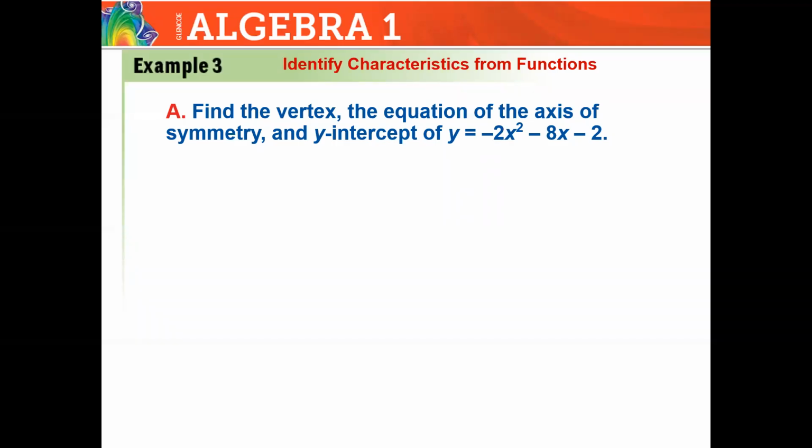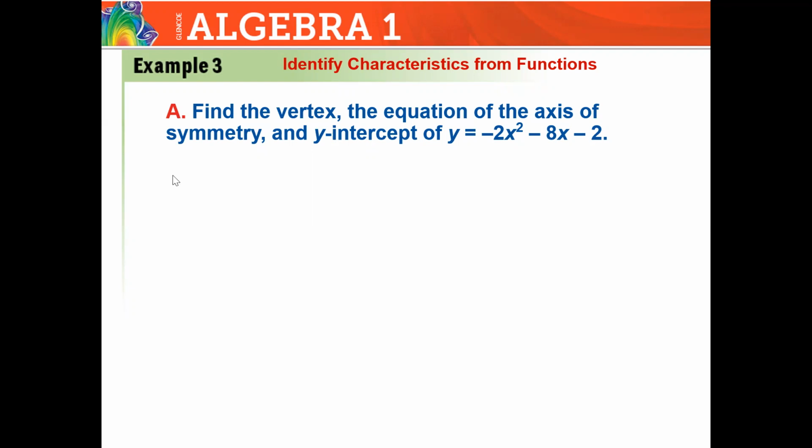Okay. Hello, everyone. Today we're going to identify the characteristics of the quadratic function from the equation itself, not from the graph. So how many characteristics are we going to identify?